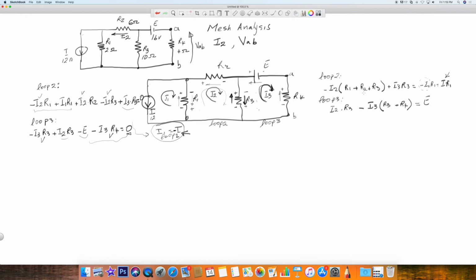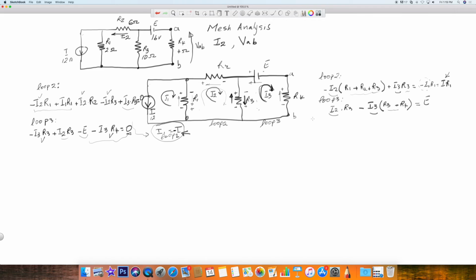Fantastic. So do we have a pattern? And the answer is yes. We have I2, I3, we have I2, I3. Now we could put up a system of equations, 2 by 2, and solve accordingly, okay? Let's look at this loop here and put all our coefficients together, right? So we can add all these up right here to see what values we're going to end up with.